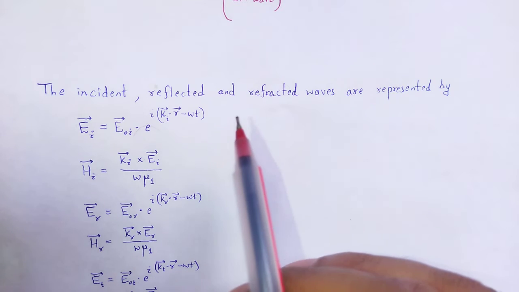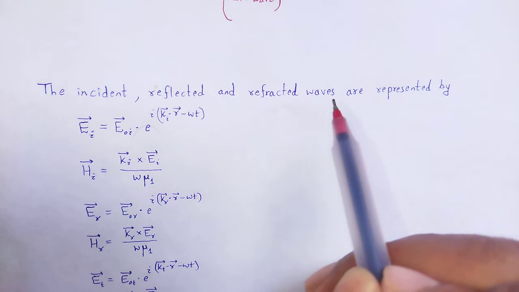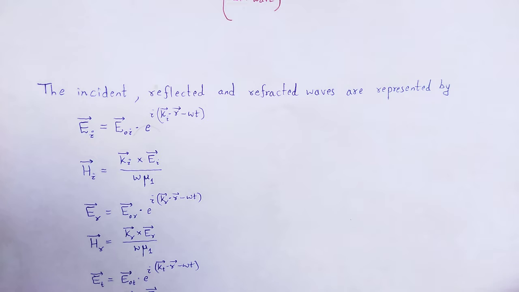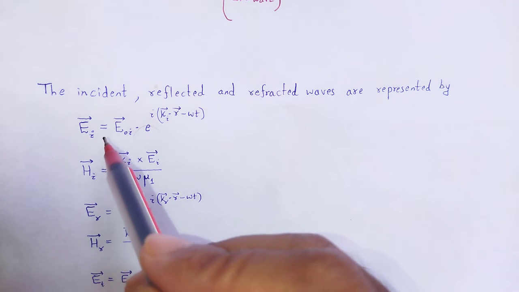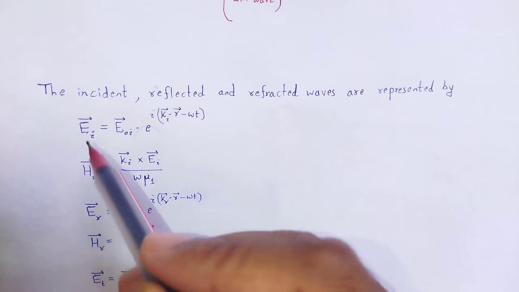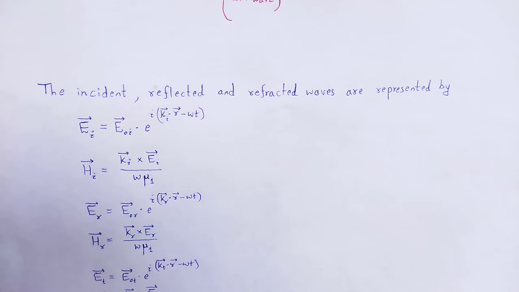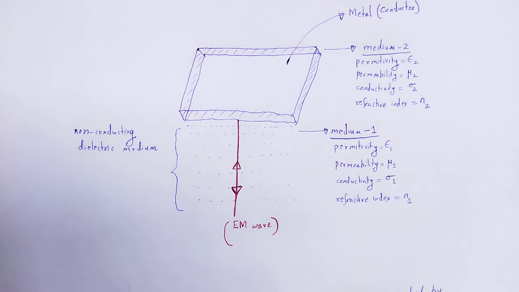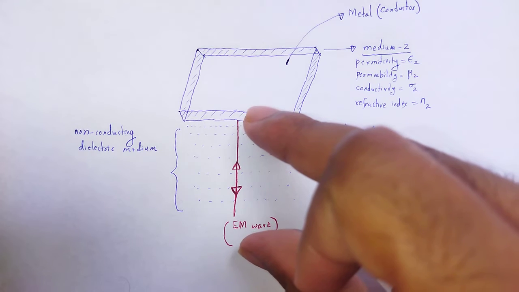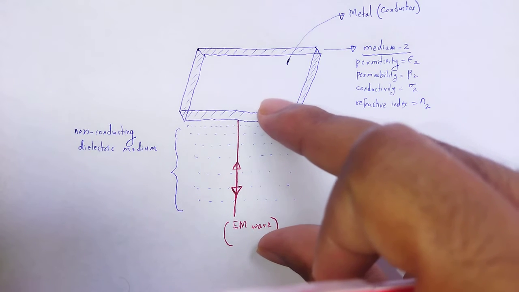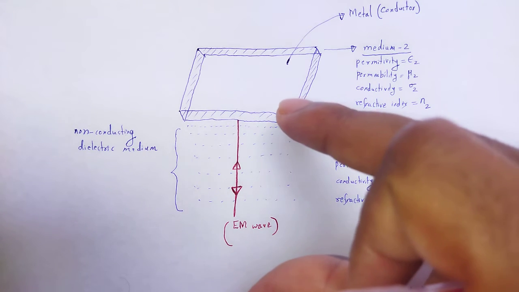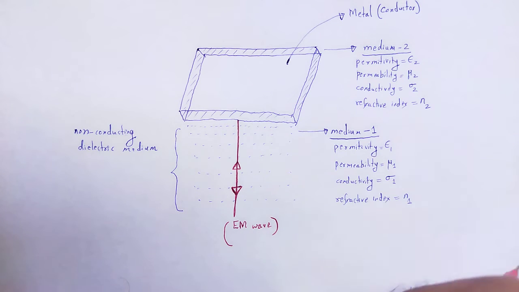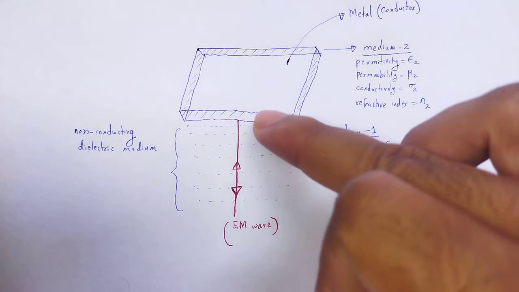The incident, reflected and refracted waves are represented. For incident, it is E I vector. As we have taken the electromagnetic wave, it has an electric field and a magnetic field vector, but the orientation of the electric field is either perpendicular or parallel to the plane of incidence.